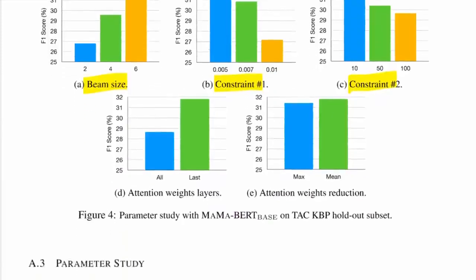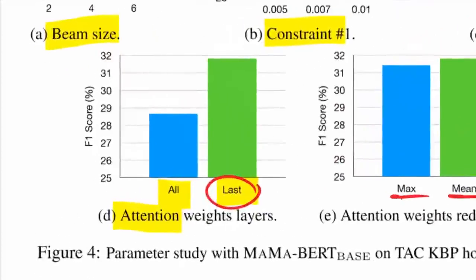What is interesting here is they look at either the attention matrix of the last layer or of all the layers. And interestingly, the system performs better if you only look at the attention matrix in the last layer. They reduce the attention across multiple heads using max or mean, and you can see they perform similarly.